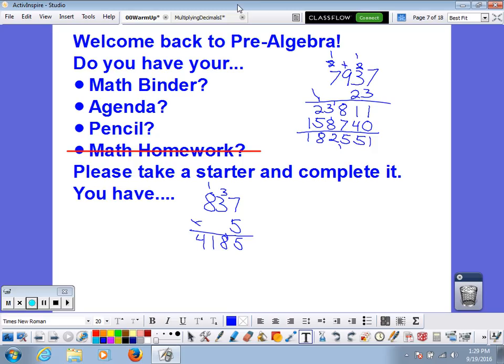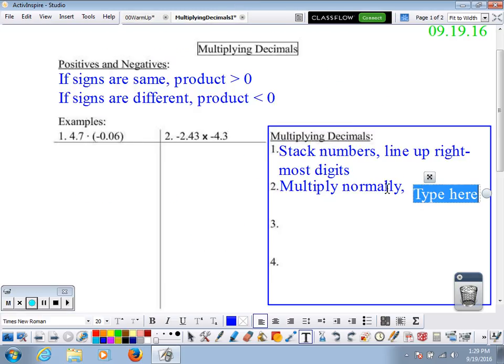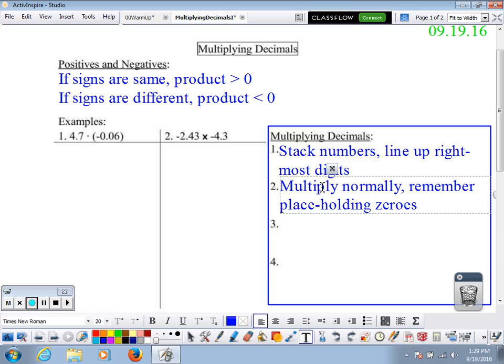Cammie? Good. We need to remember our place-holding zeros. We cannot forget those. They're super important. I think a couple of you might have seen on the starters what happens if you forget them. It throws your whole work off. So make sure that you're putting those place-holding zeros.